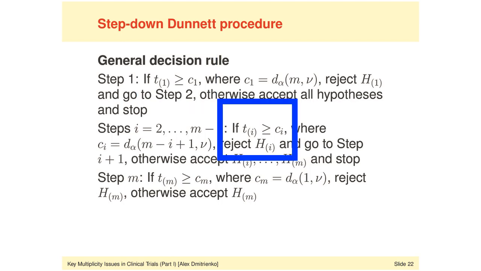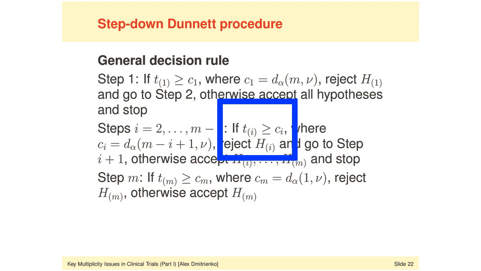And another quick point I would like to make here is that when we introduce the step-down algorithm for the Holm procedure, the hypotheses are tested at successively higher significance levels, which results in power gain compared to the Bonferroni procedure.